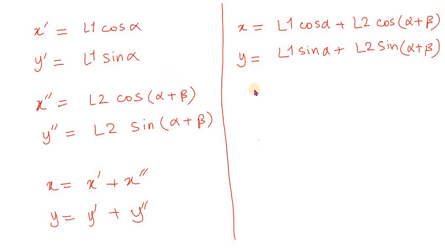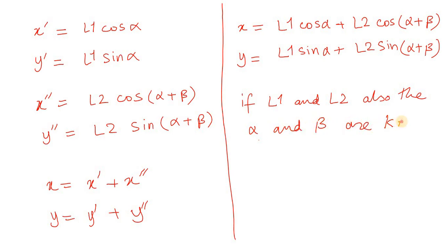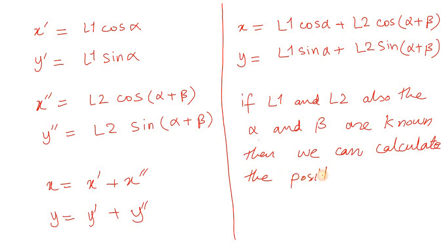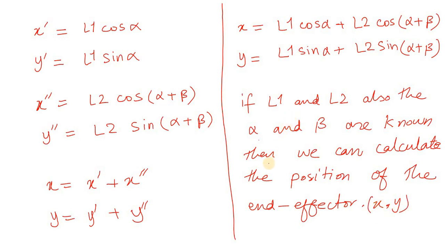So this equation tells us that if L1 and L2, also the alpha and beta are known, then we can calculate the position of the end effector xy. So this is forward kinematics.